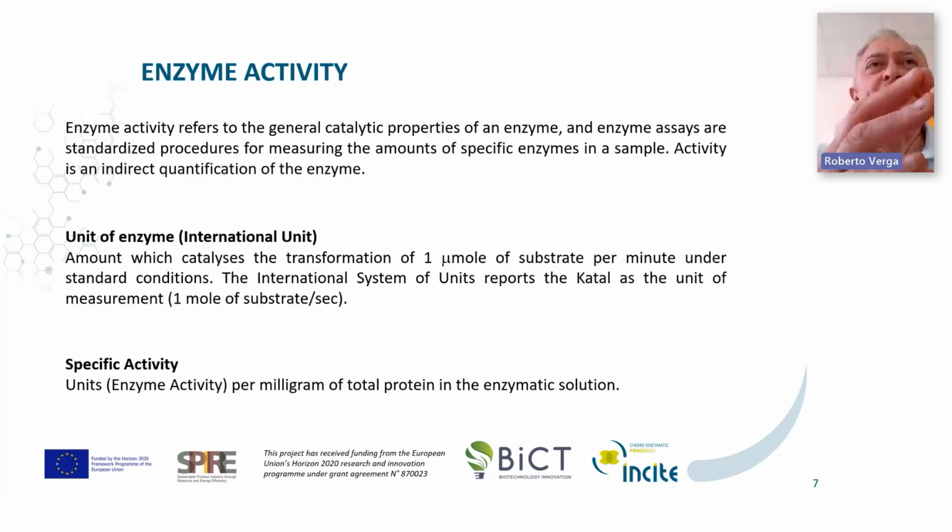What is the unit of enzymes to determine the activity? The unit is defined as the amount of enzyme that catalyzes the transformation of 1 micromole of substrate per minute under standard conditions. The standard conditions are the conditions that are developed when I use a specific analytical method to estimate the activity of enzymes.